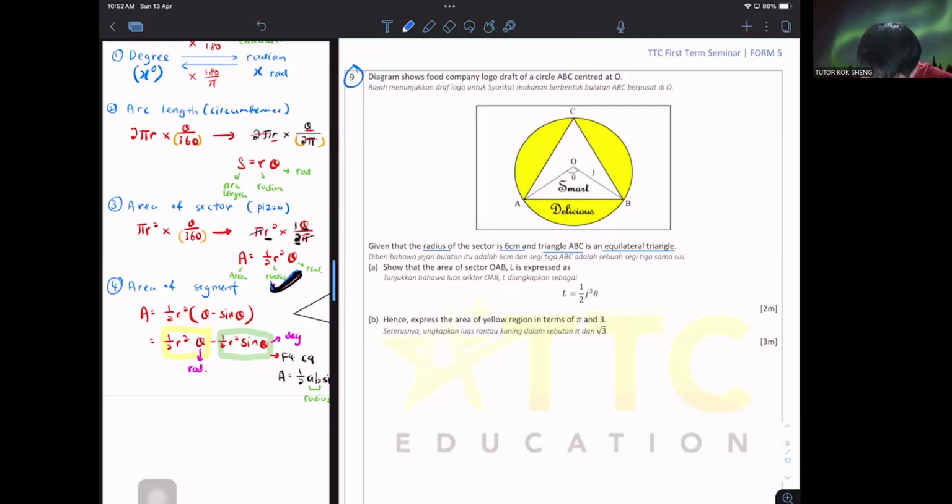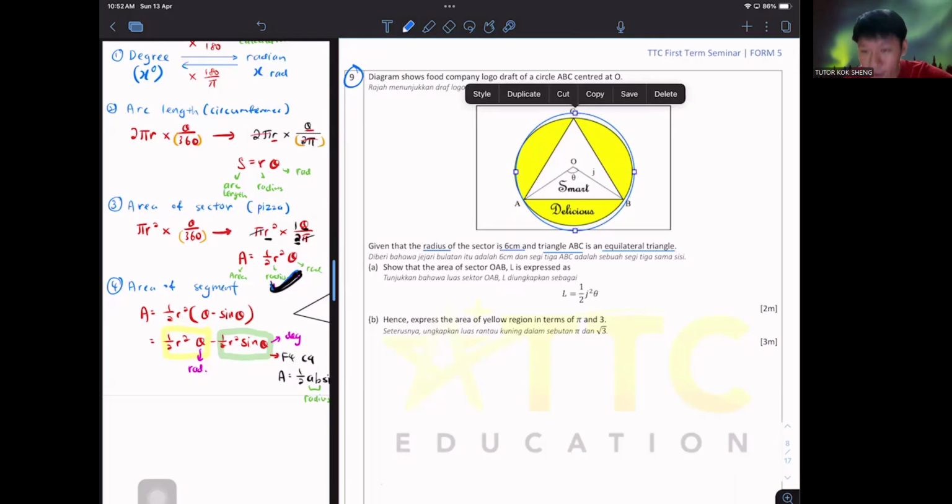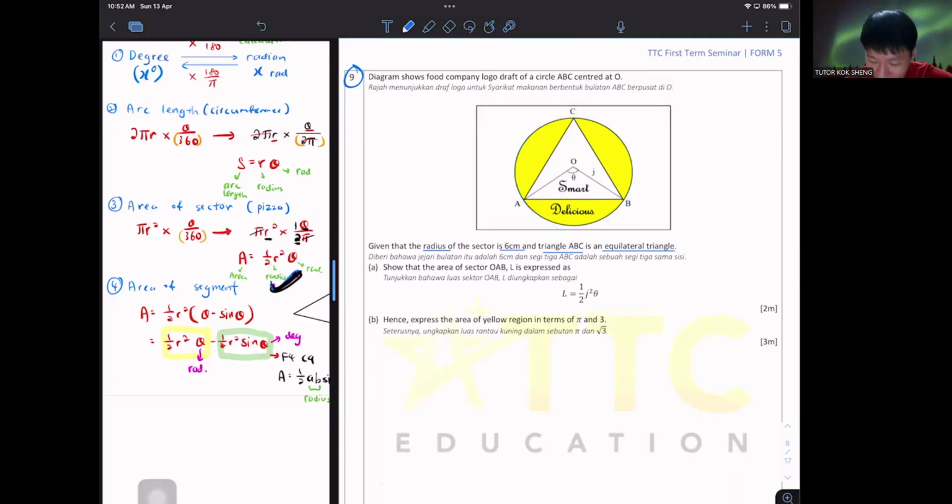So you have the circle ABC here, can see, right? Center O, radius, these two are the same, 6.